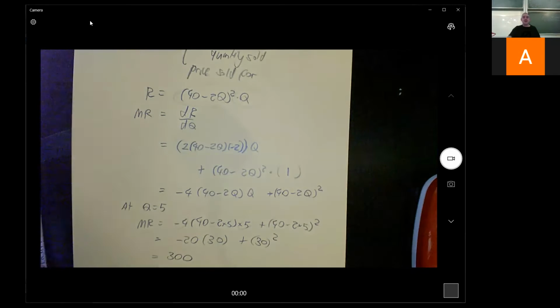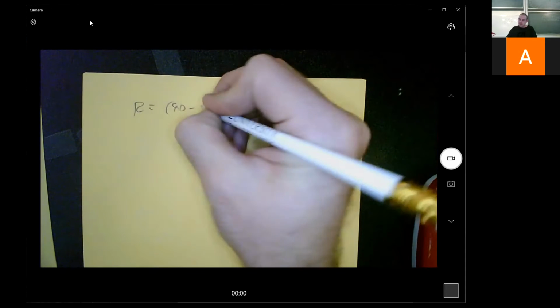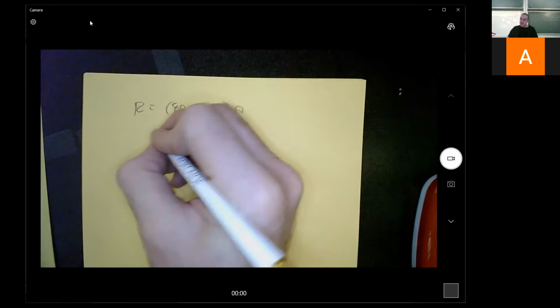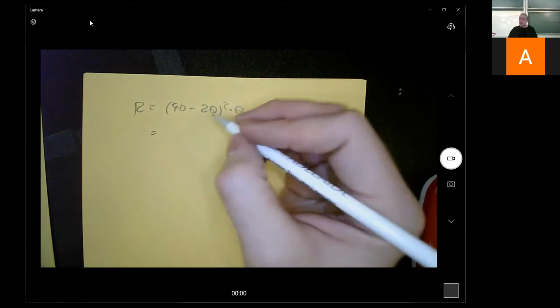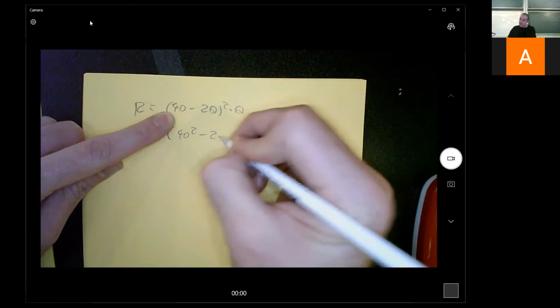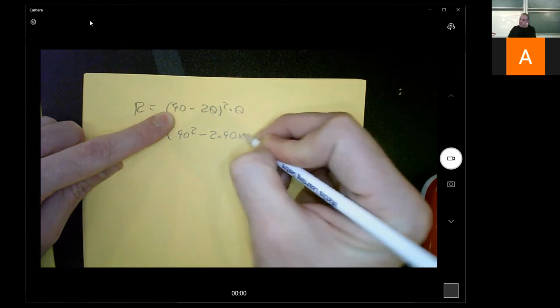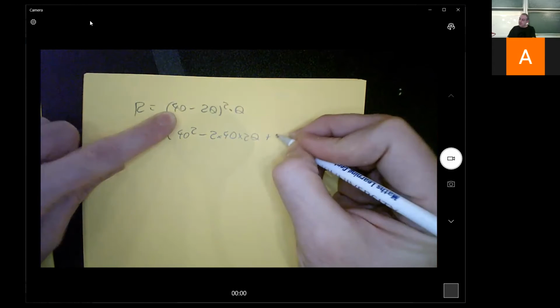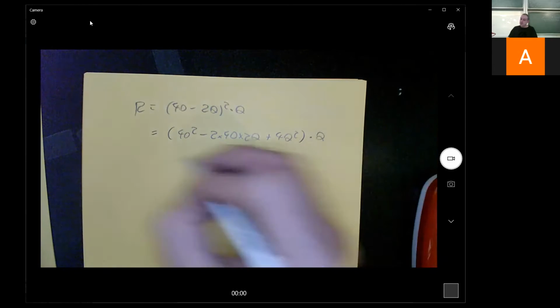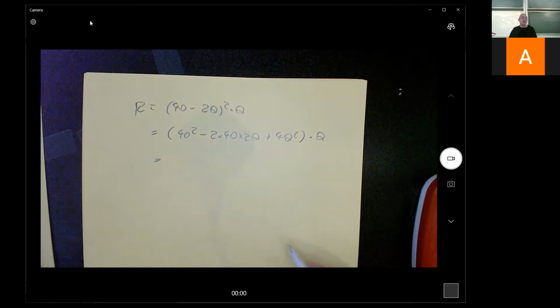So just to say, there was an alternative way you could have done it. You could have, when you were at this point, done some algebra before you did the derivative and gone like 40 squared minus 2 times 40 times 2q plus 4q squared times q and expanded it all out.